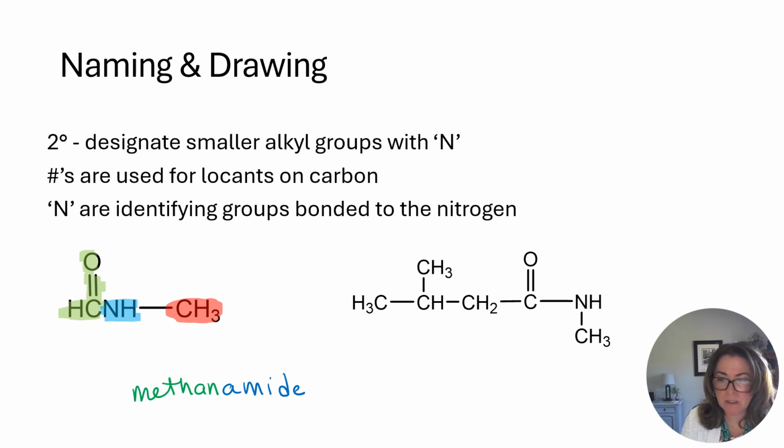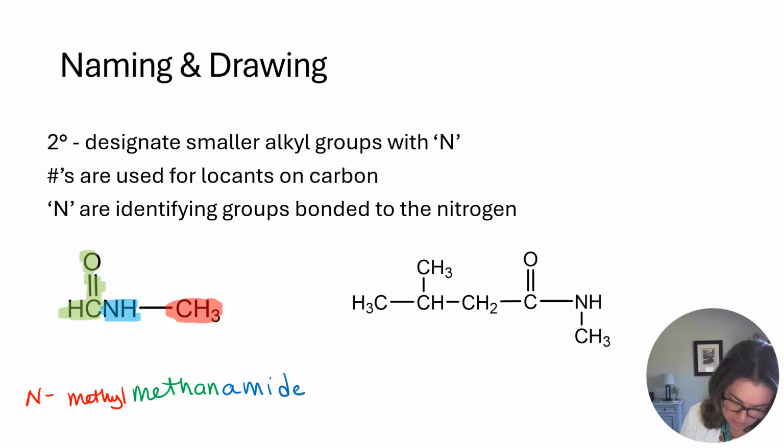I'm dropping the oic acid and replacing that with amide. Now, I have that methyl group. That methyl group is bonded to the nitrogen, so that is going to be an N-methyl. So this is N-methyl methanamide. That's a mouthful.